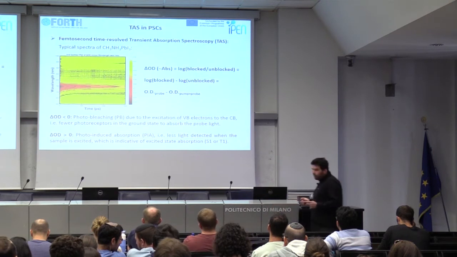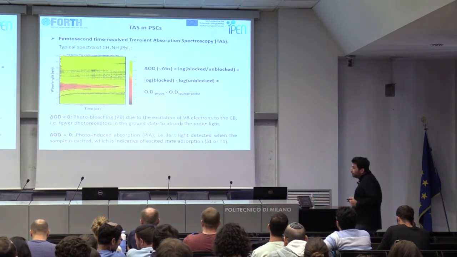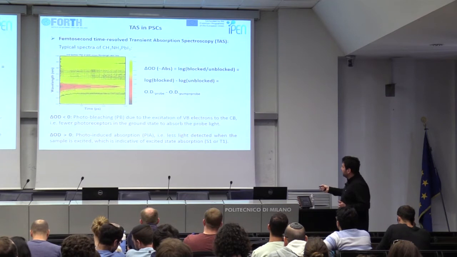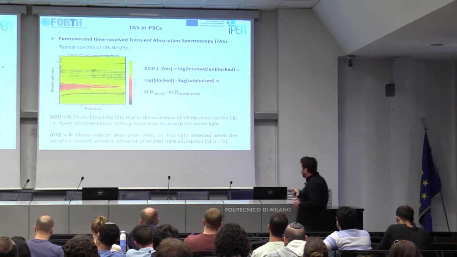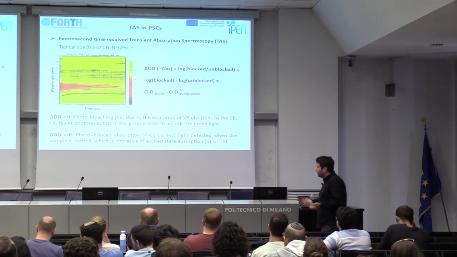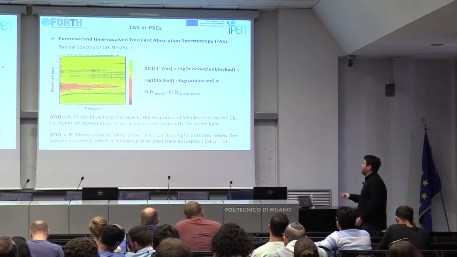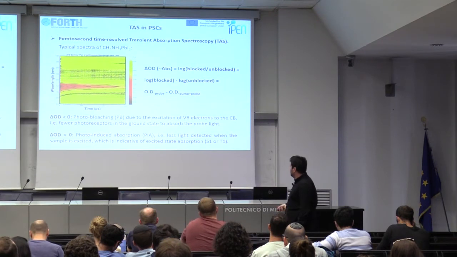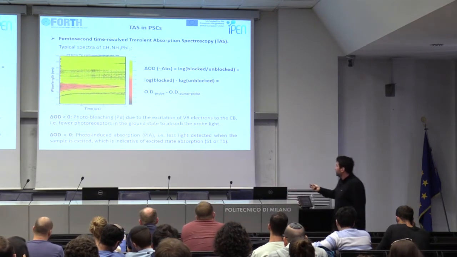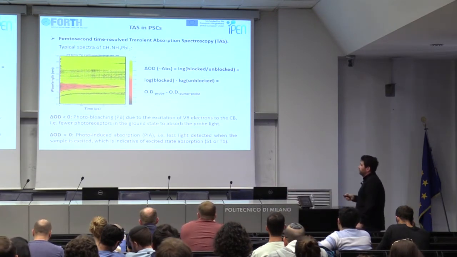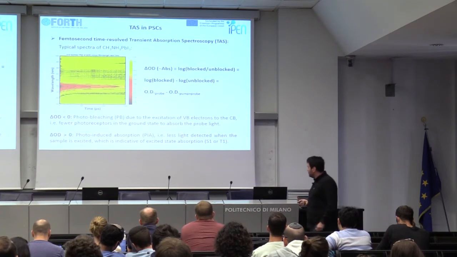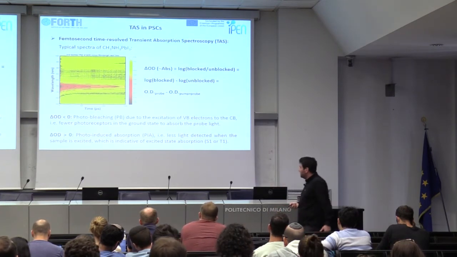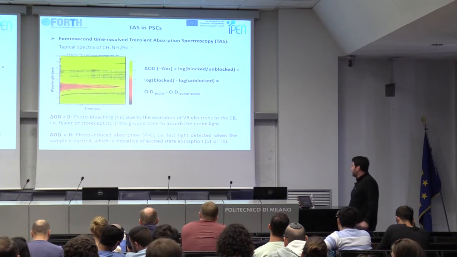So in this configuration, the photo-induced bleaching will be negative due to the excitation of the valence band electrons to the conduction band, which means that we'll have fewer electrons in the ground state in order to absorb the probe light, whereas in case that you have positive photo-induced absorption with delta OD positive, we'll have less light detected when the sample is excited.